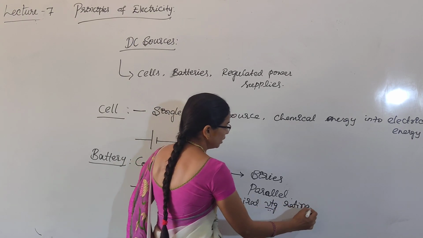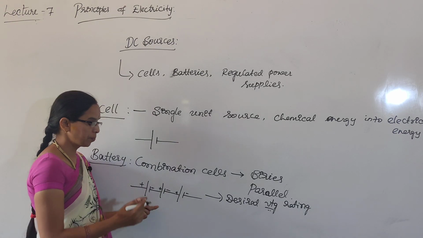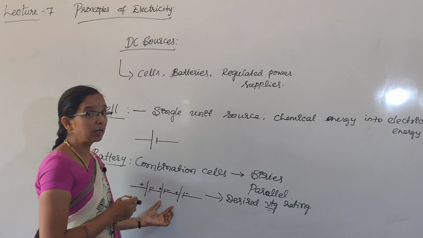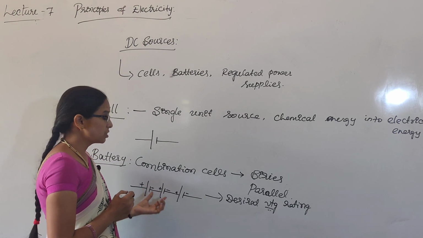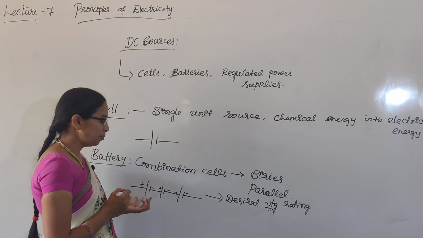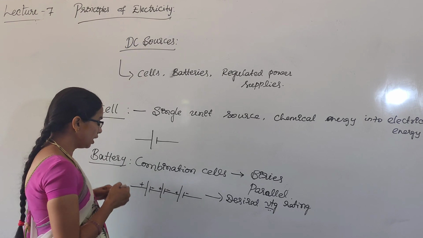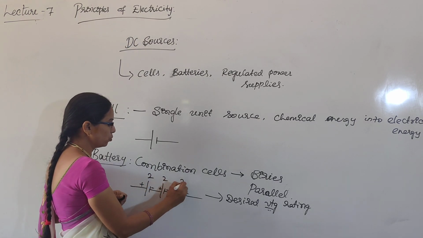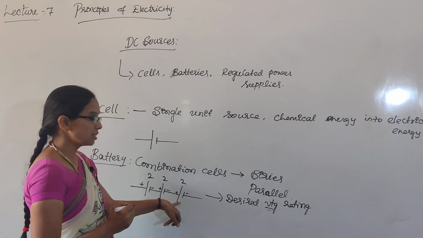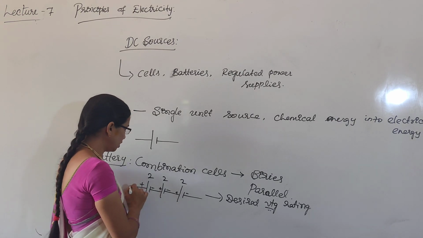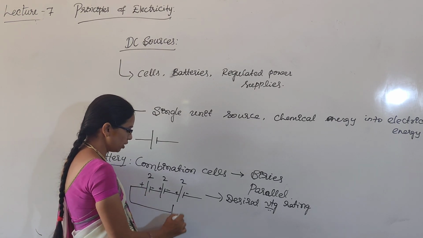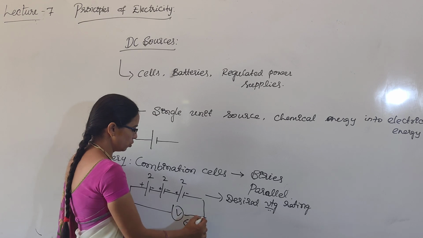For example, if 2 volt batteries are connected in series, the total voltage you get here is 6 volt.